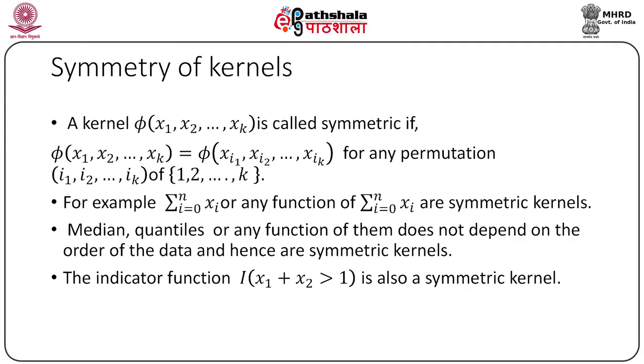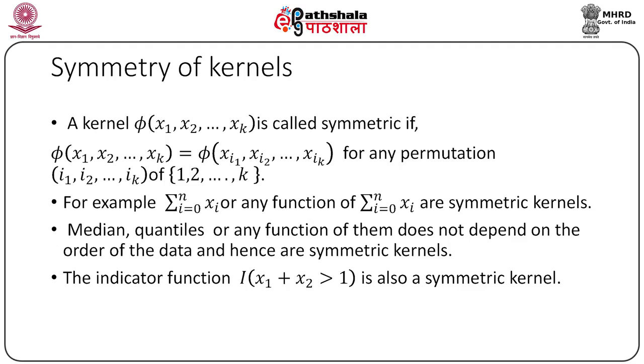For example, if phi is the sum of observations, that is, summation i from 1 to n of xi, then the value of phi is not changed if we consider a different permutation of the observations. Thus, phi is symmetric. Easily, any function of a symmetric kernel is also a symmetric kernel.